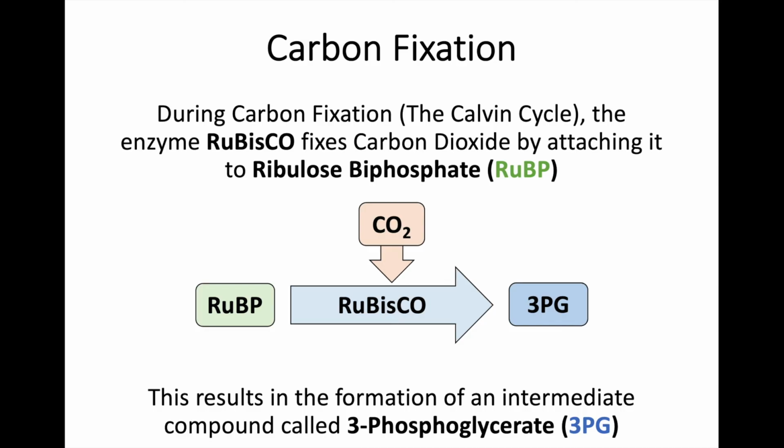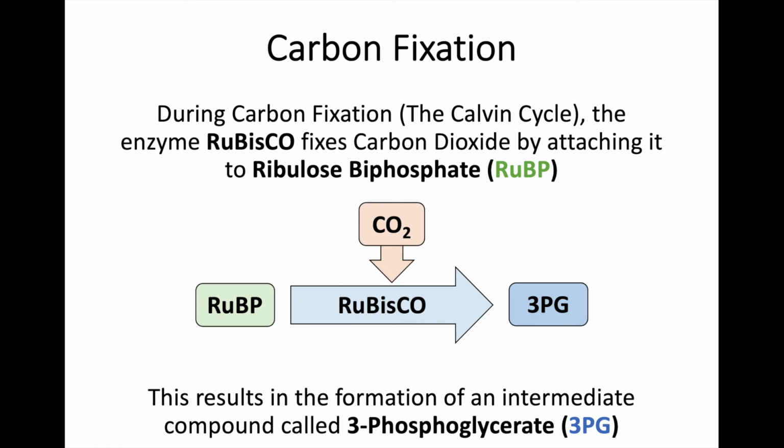So during this process, we're going to start off with a molecule called ribulose biphosphate. This ribulose biphosphate, we abbreviate to RuBP. I'm going to tell you the full name once, and then I'm going to go through just the abbreviation. So we have this molecule RuBP, and we want to convert it into something called 3-phosphoglycerate, and that's called 3-PG. To do that, we use an enzyme, and this enzyme is called Rubisco.